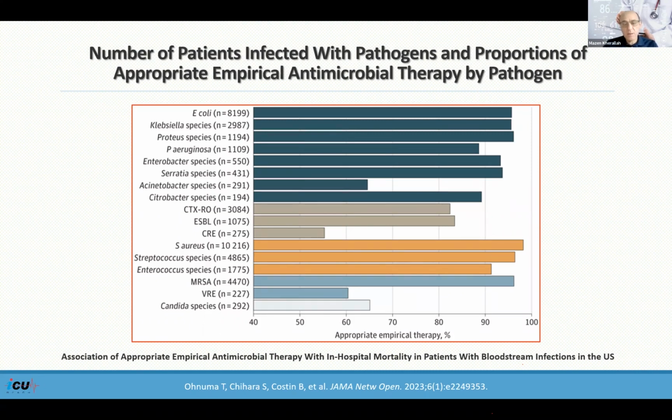You can see the percentage does not go higher than 65% in certain organisms, such as Acinetobacter. If we are dealing with resistant organisms, the appropriate antibiotic therapy is only 55% in carbapenem-resistant Enterobacteriaceae, around 60% in VRE, and Candida is not more than 65%.